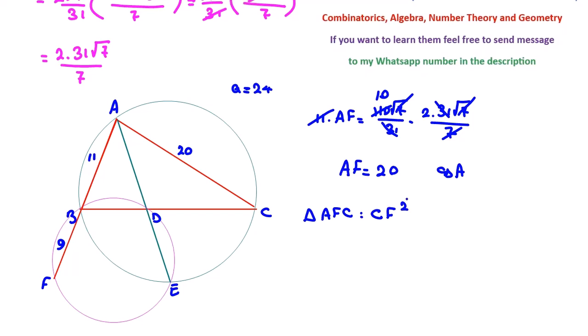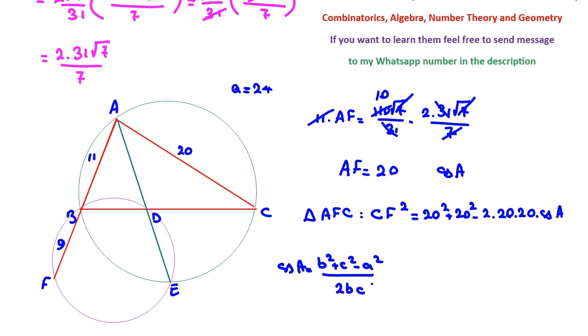Okay, so let's calculate. CF squared is AF squared plus AC squared, 20 squared plus 20 squared, minus 2 times 20 times 20 times cosine A. Now if you want to calculate cosine A, it will be B squared plus C squared minus A squared over 2BC.